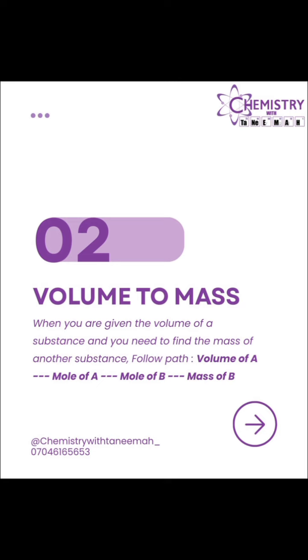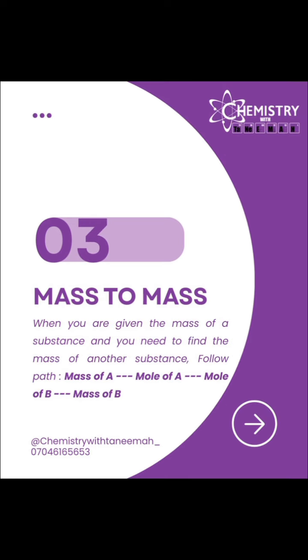Then you use the molar volume of gas to solve for the mole of A. Then from mole of A, you can now get the mole of B, using the mole ratio from the chemical equation that we have. Then from the mole of B, you can easily solve for the other parameter, which is the mass of B.